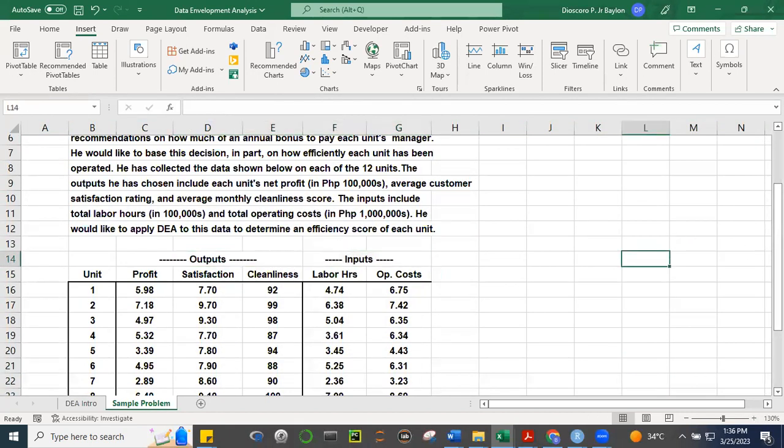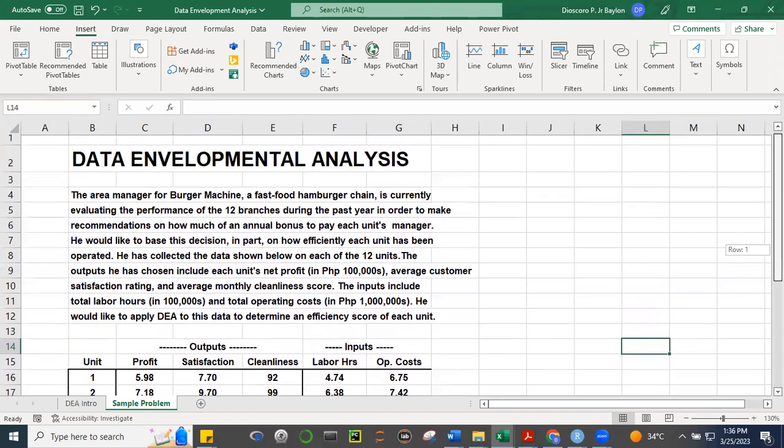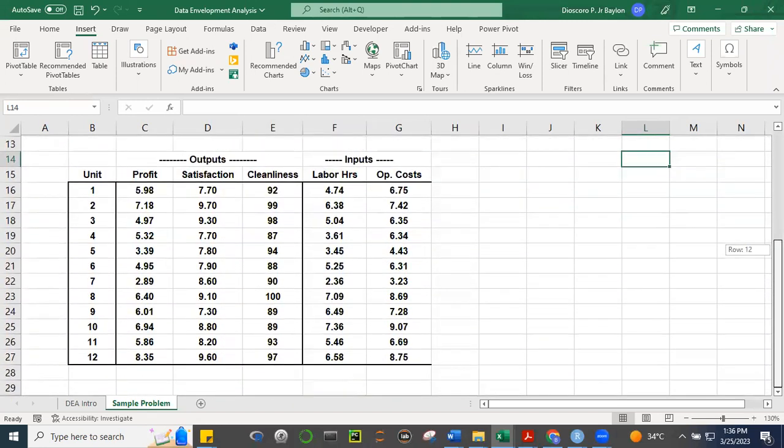So even the first step to doing a DEA is, given your variables, you should know which are the inputs and which are the outputs. So profit, satisfaction, and cleanliness here are correctly classified as outputs, while labor hours and operating costs are labeled as inputs.